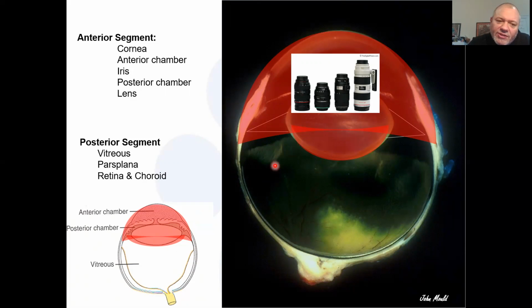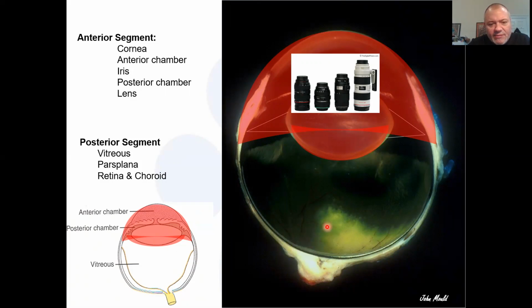The posterior segment also contains the vitreous, which has various functions, one of which is at least to help keep the retina structurally supported. And then the vascular component of the retina, the choroid, which sits beneath the retina, you can see it's this black line here on John Mould's lovely cross-sectional eye images, is the vascular bed the retina sits on and gives it the majority of its nutritional support.